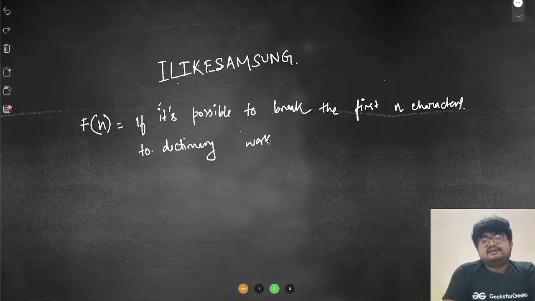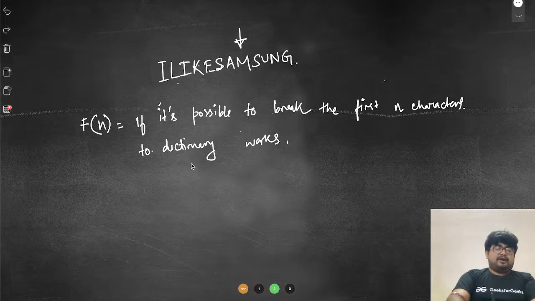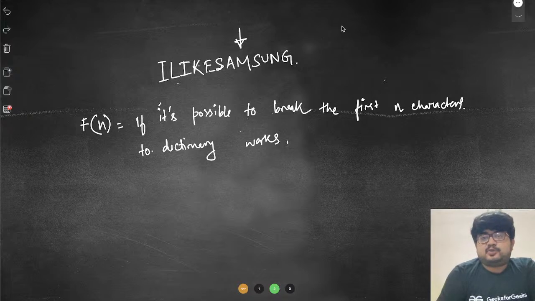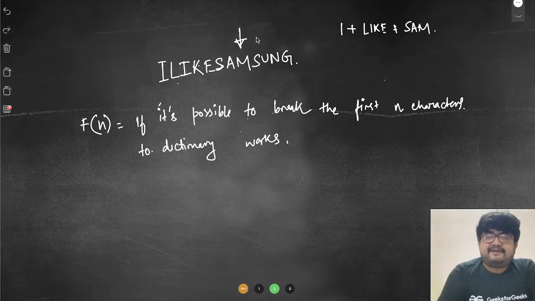Let's say our n is at this point, is it possible for us to break the first n characters into some dictionary words? In our case it is possible, because we can write something like this: I plus like plus Sam. So this is possible if n is here.